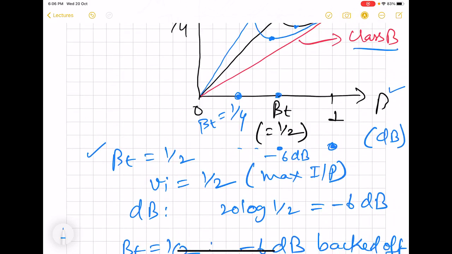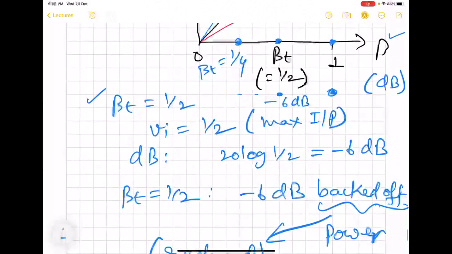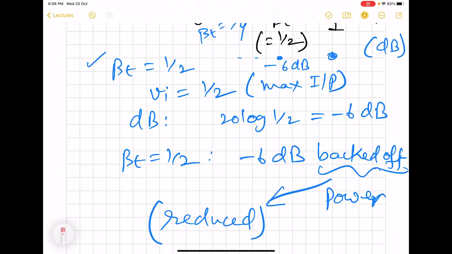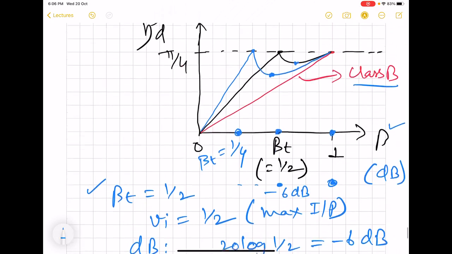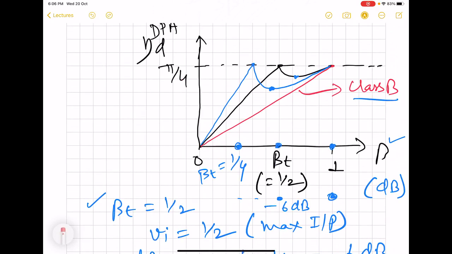So we can choose a threshold for the minus 6 dB backed off case, minus 6 dB compared with the maximum value, which is 0. Typically, this Doherty power amplifier design will be described in terms of this backed off parameter, which is nothing but the log version of beta t, 20 log of this. And it equivalently represents how much less power we have to give to achieve this threshold point.